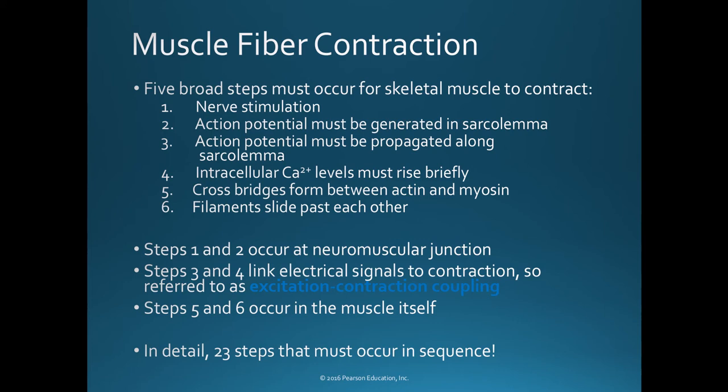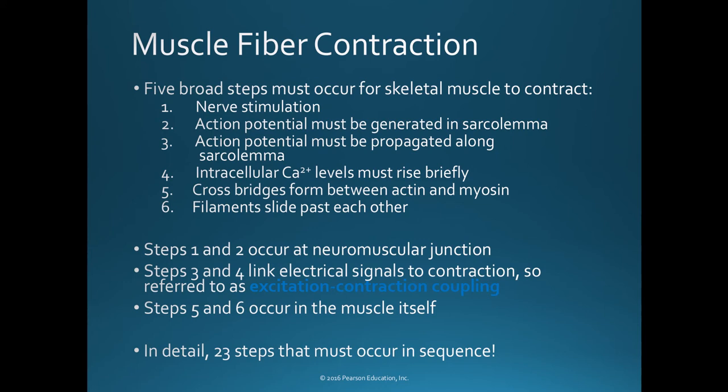Calcium is a key figure in excitation contraction coupling. And then all of the rest of it, once we're past the nerve part, we're now in the muscle. So excitation contraction coupling takes place in the muscle, as does crossbridge formation and those sliding filaments.